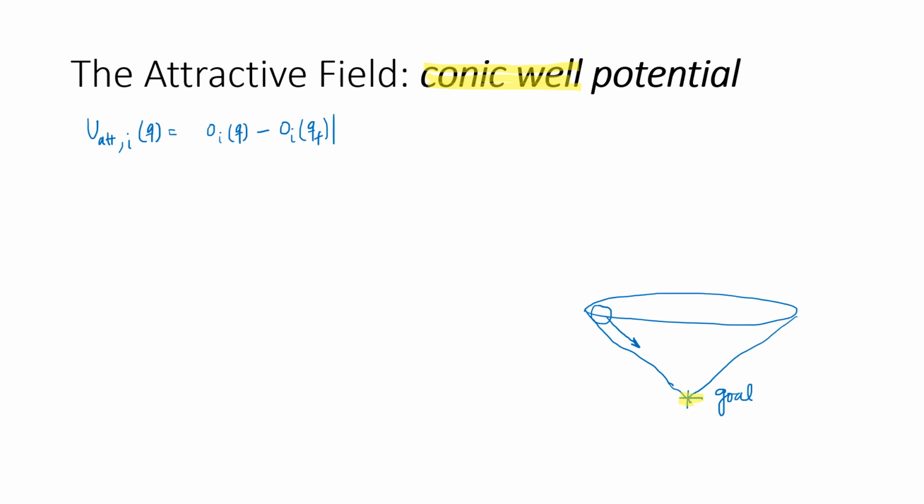So the distance between the two is what we are going to map like an attractive potential, and that shapes like a cone. That's why it is called a conic well potential. Now, in that particular case, the field grows linearly, obviously, with the distance from the goal.